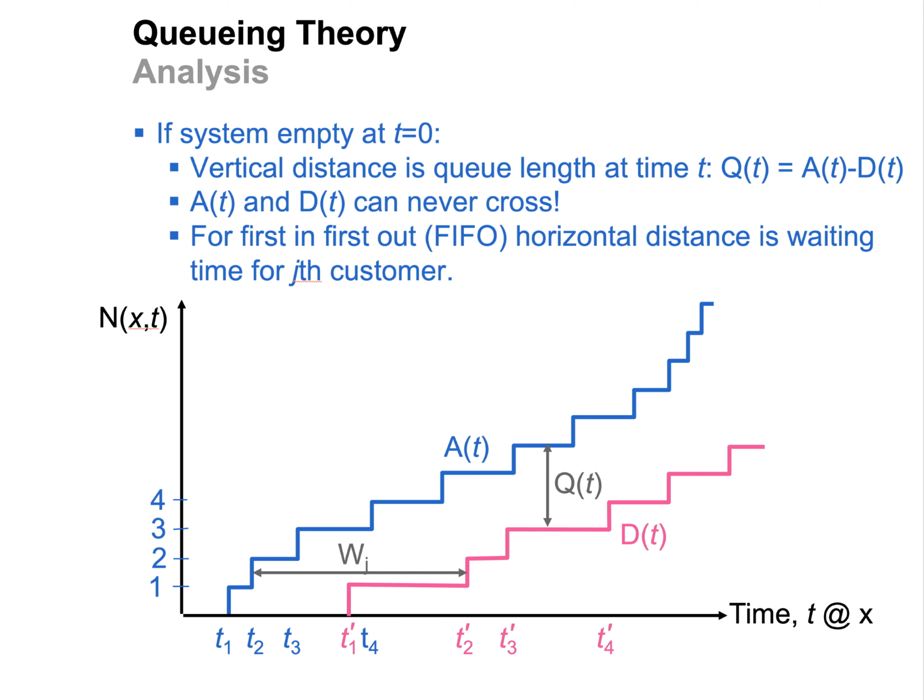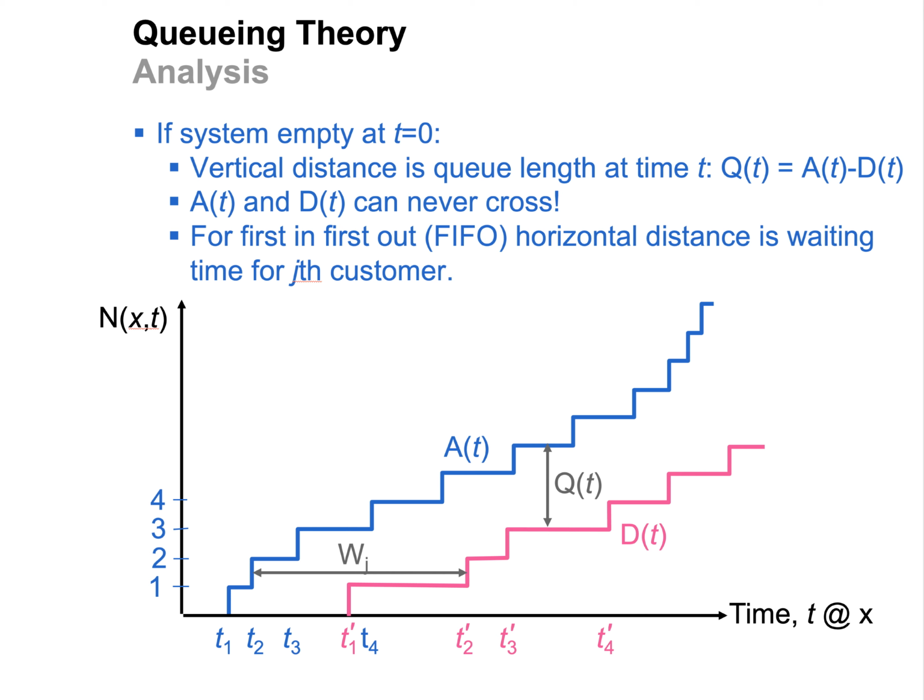So where on the curve we're showing q of t, you can see that there are a of t minus d of t customers in the system at that time. Remember that a of t and d of t can never cross, because you can never have more customers departing the system than have arrived.